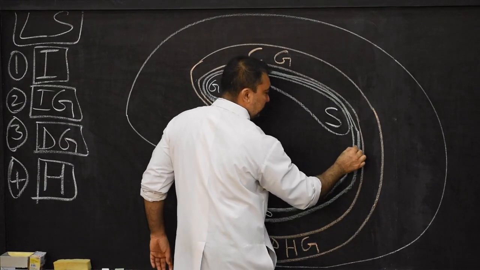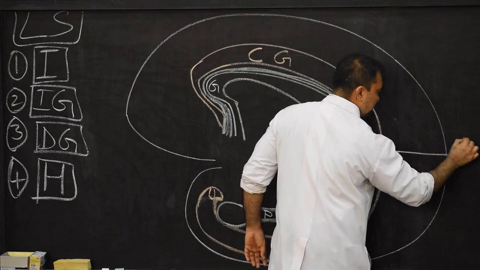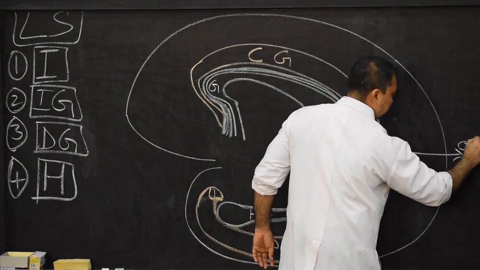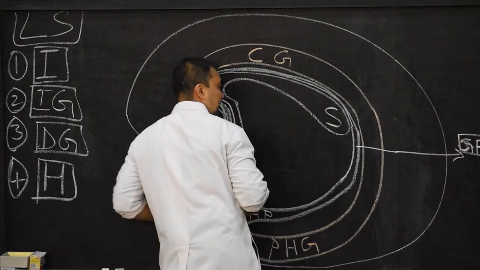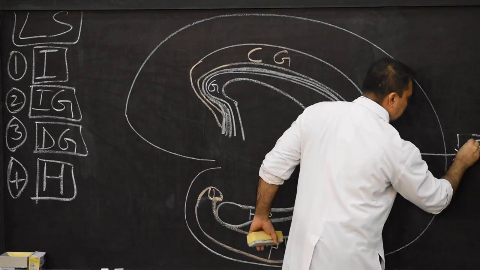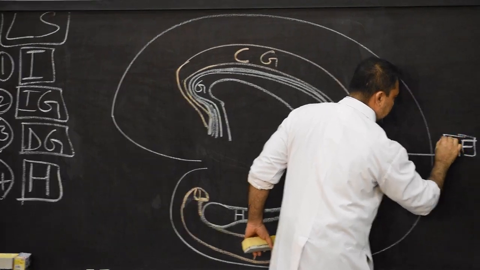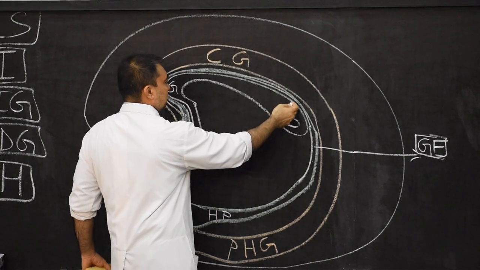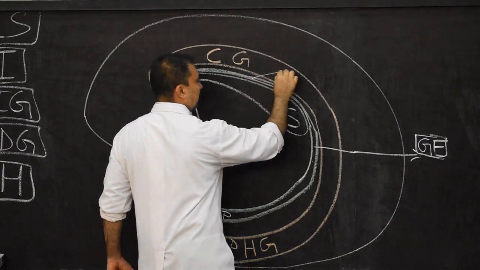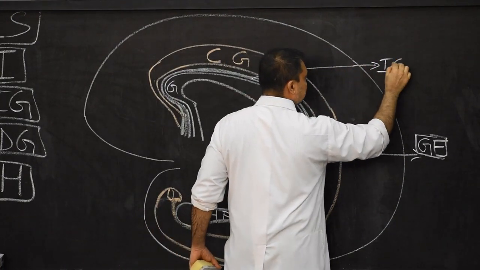So therefore, this structure here, I will mention as gyrus fasciolaris. The G, I am very sorry, this G I will slightly make clear. So therefore, gyrus fasciolaris. Third structure, it will continue above the body as indusium gracium.